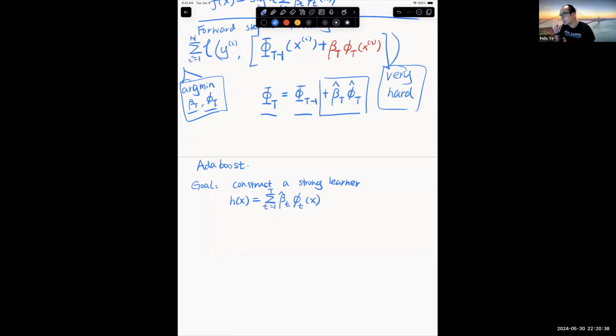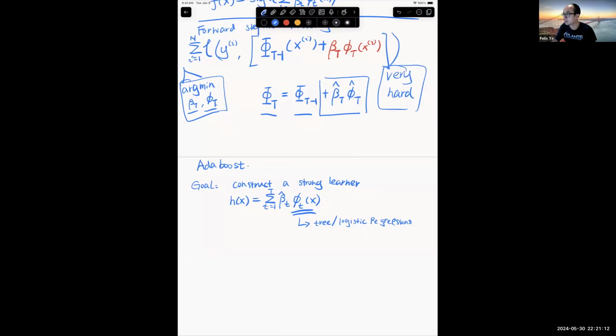And we have some weak learners phi t of x right here. And this phi t of x can be any decision tree, or logistic regression, or even simple neural networks.